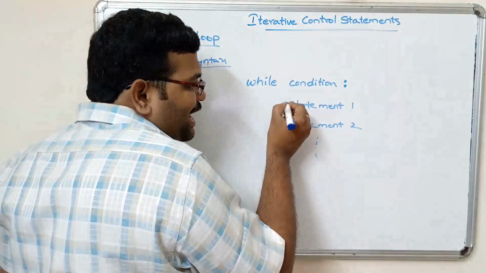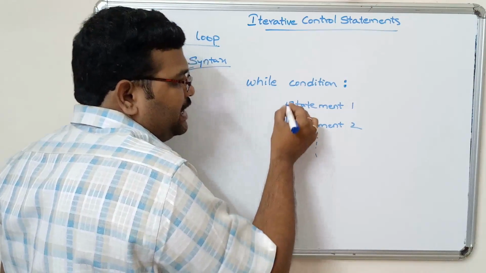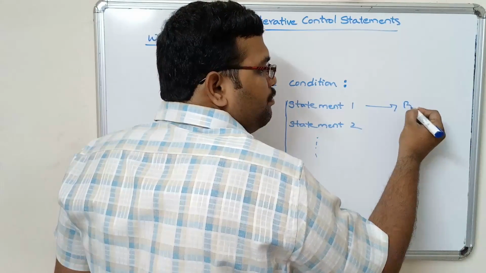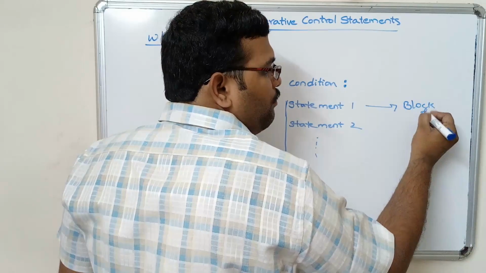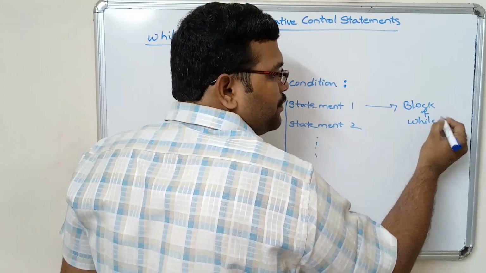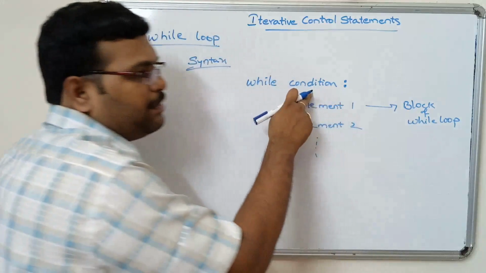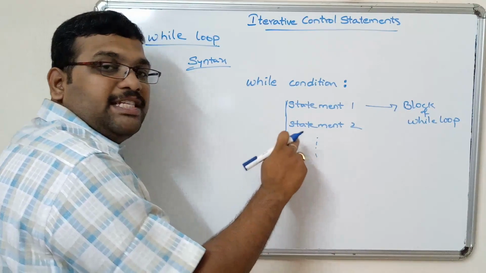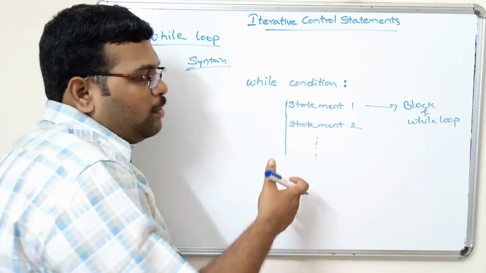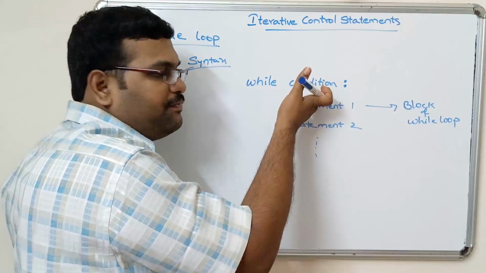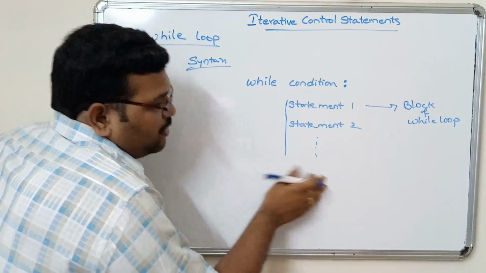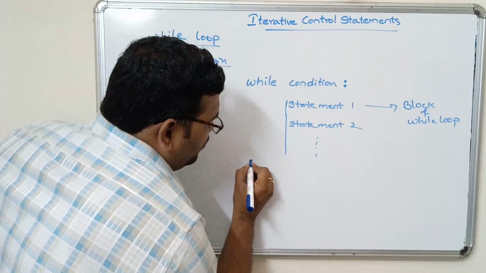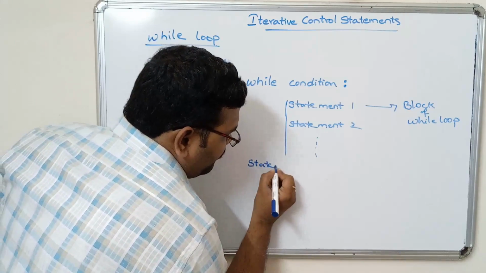This alignment represents the block of the while loop. That means until this condition becomes false, all these aligned statements will be executed repeatedly. Immediately after the condition fails, the control will come out of the loop. That means the next statement after the while should be aligned from here itself.